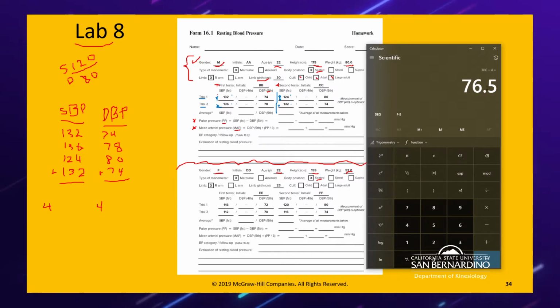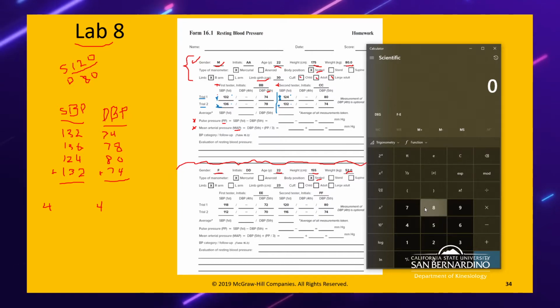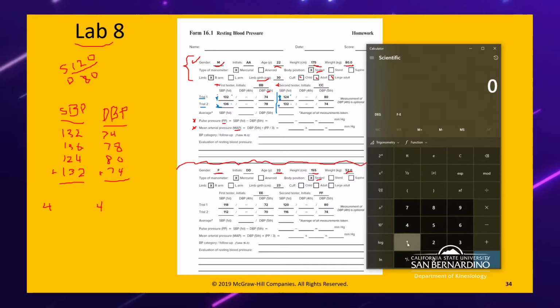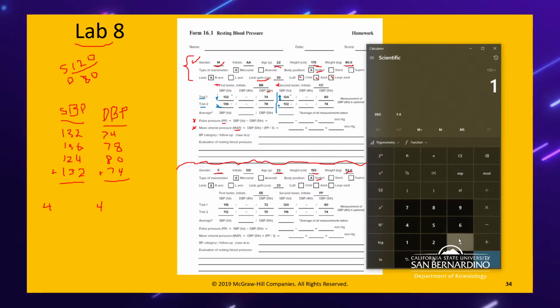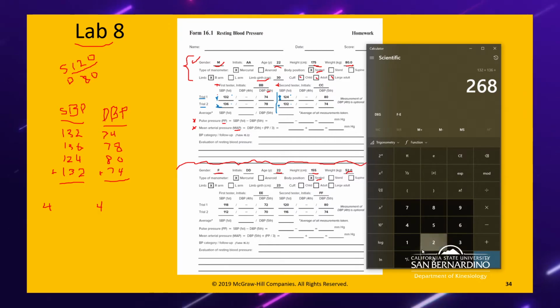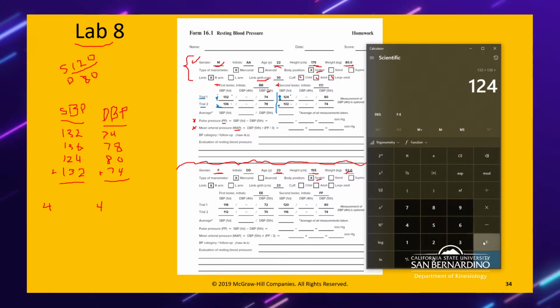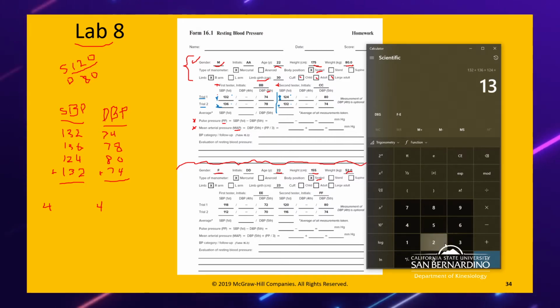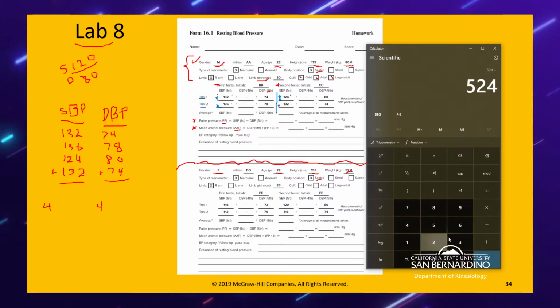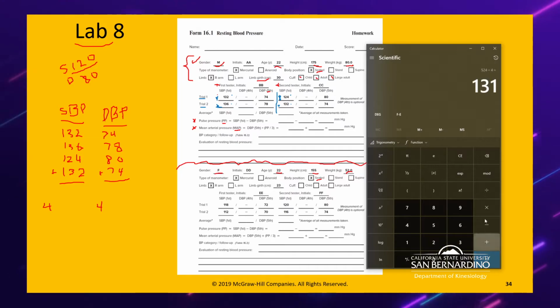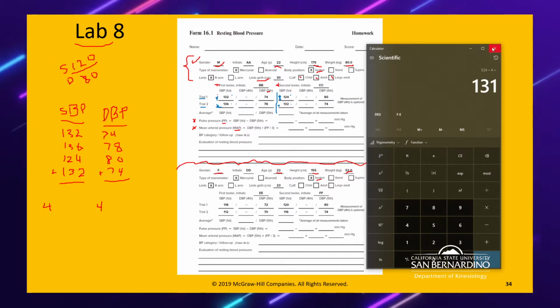I'm just going to go ahead and round it out to 77. Let's go ahead and do the other one too, the systolic blood pressure. 132 plus 136 plus 124 plus 132 equals 524. Divide by 4, and we get 131.